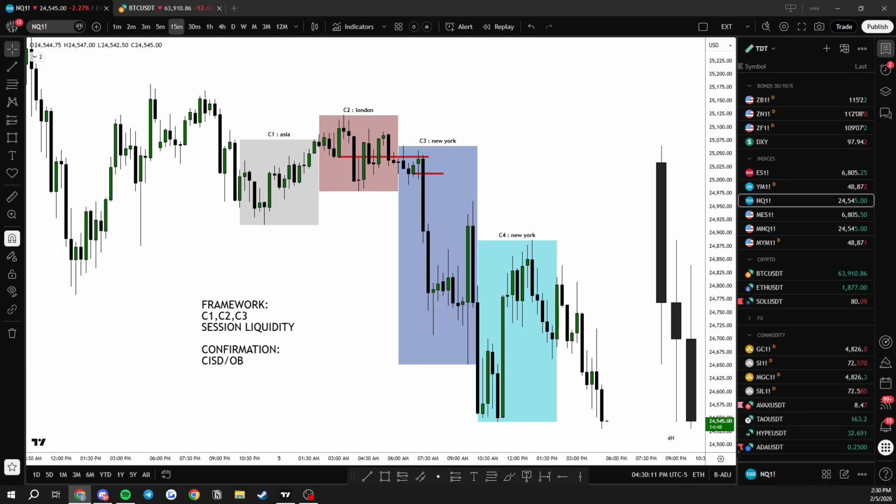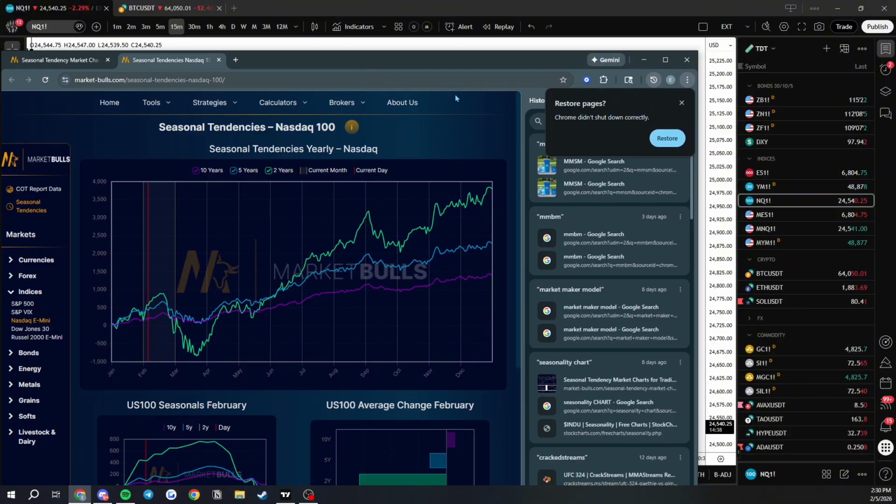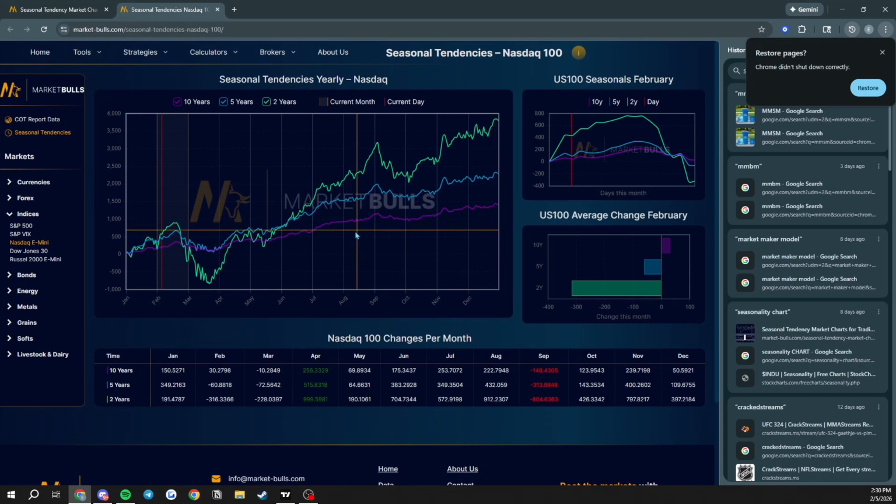because it's kind of playing out a lot like we were talking about, right? So the red line is where we're at. But moving into the end of February, we're getting that really, really big drop off.